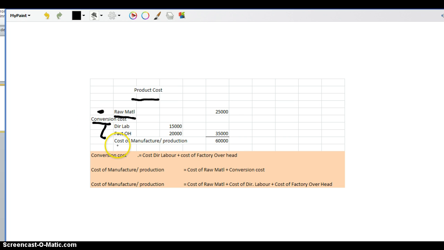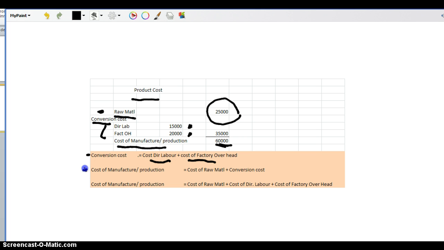So the total cost of manufacturing is the raw material cost plus the direct labor and the overhead, all together. That will be your cost of manufacturing or production. In other words, conversion cost is the sum of the cost of direct labor and the cost of factory overhead.